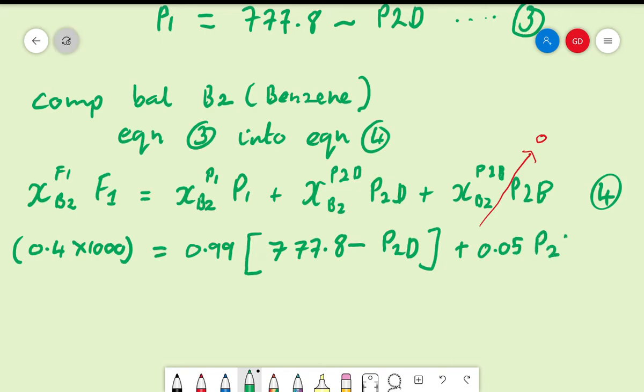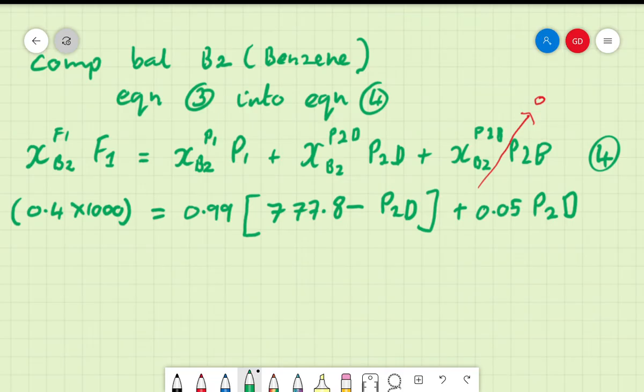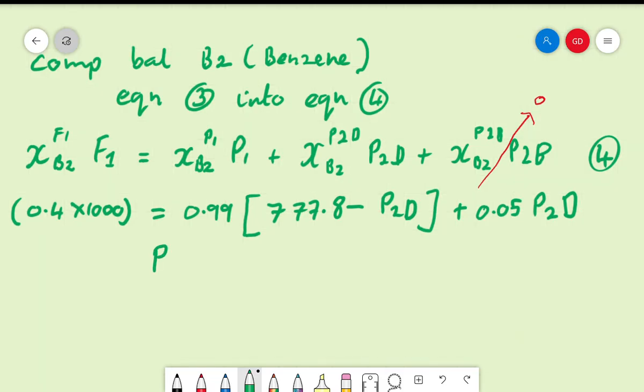Okay, so now this expression reduces to P2D is equivalent to, if you punch that out from the calculator, 393.6. That's pounds per hour.